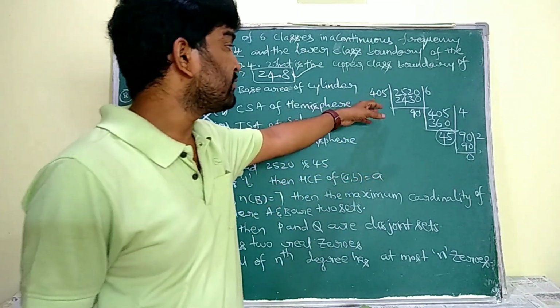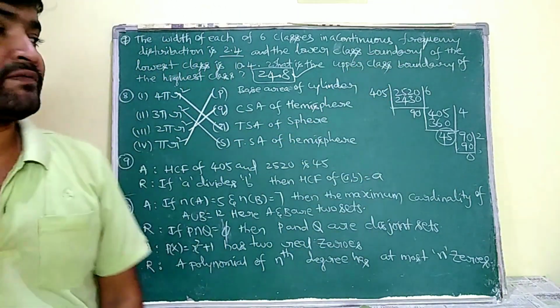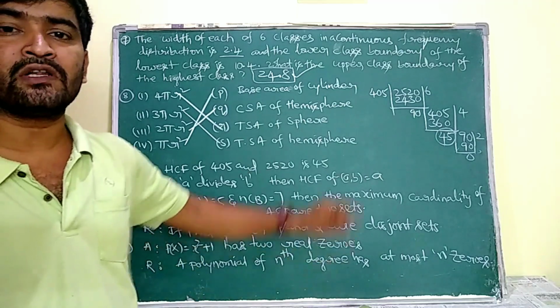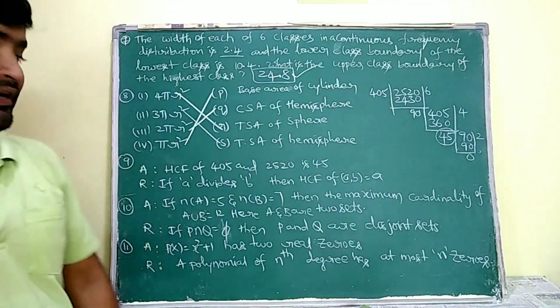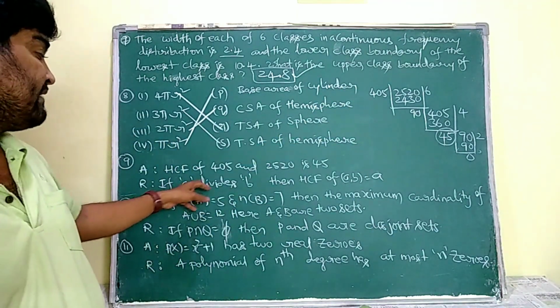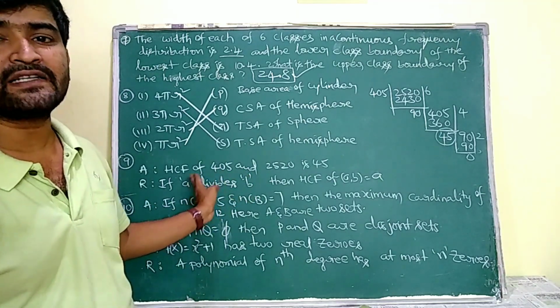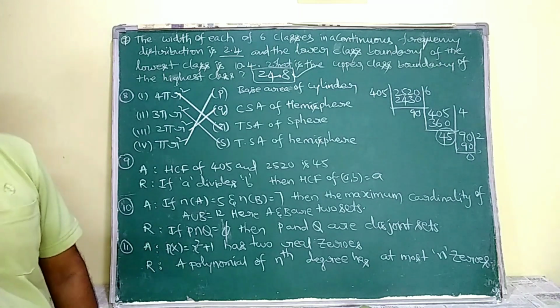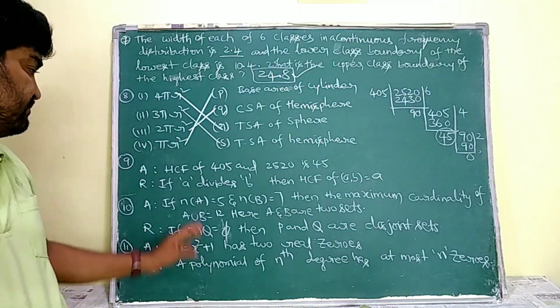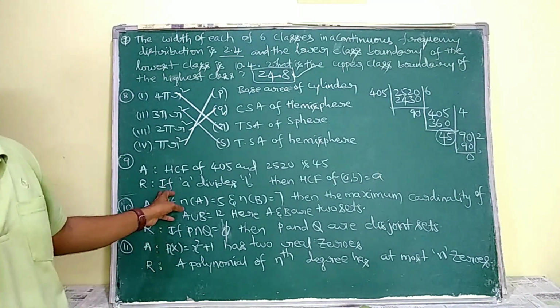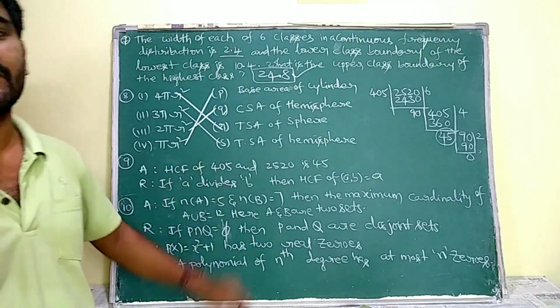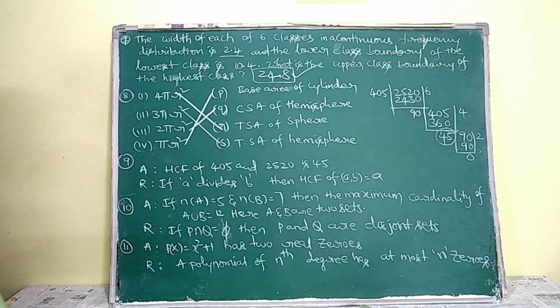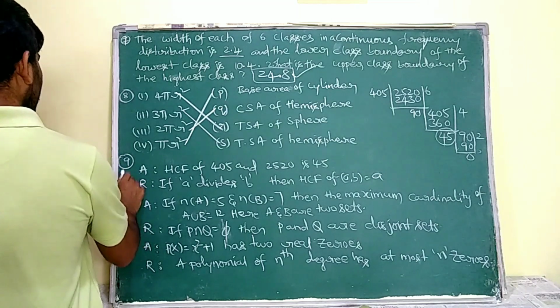That means this 405 does not divide 2520 exactly, even though that HCF is 45. So here he says A divides B. A divides B means A divides B exactly. Then only HCF of A comma B is A is saying. So actually this statement is true, but it is not the correct explanation of the assertion. So here we have to choose option B.